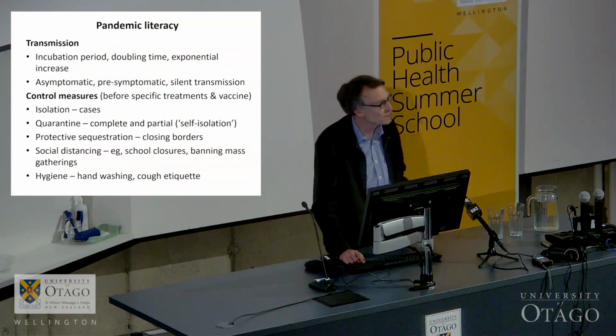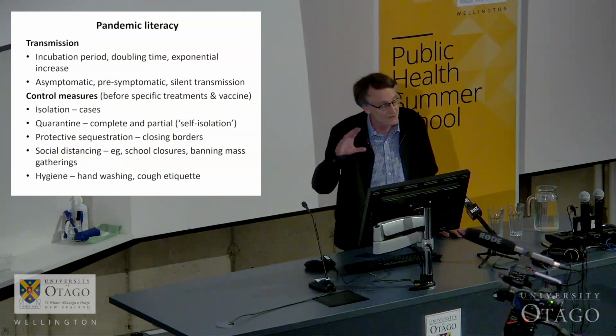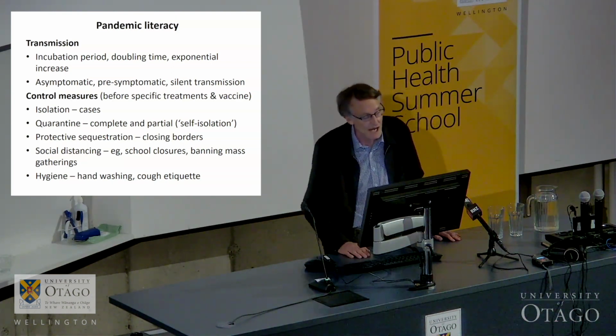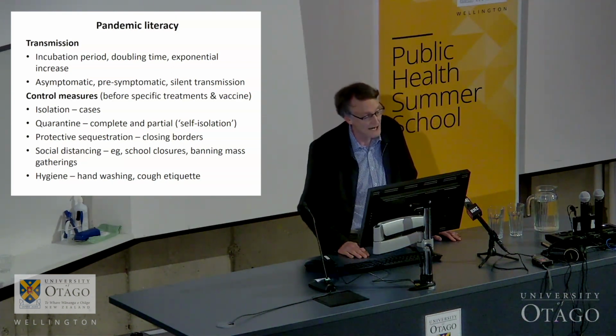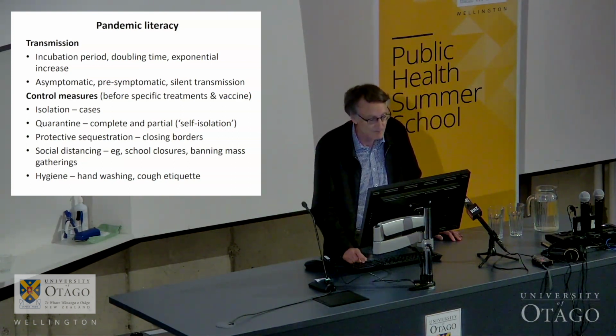So in terms of transmission, key issues are the incubation period, the doubling time of the epidemic, and what typically occurs with a highly transmissible epidemic is a period of exponential increase.